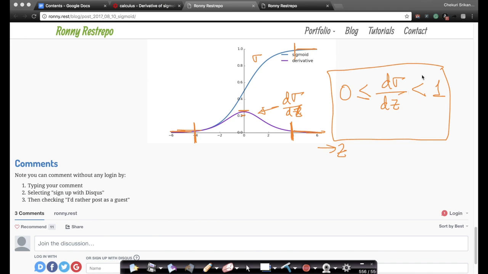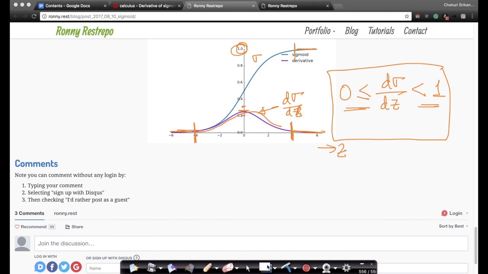For now, just remember this shape: if this is a sigmoid, the derivative of the sigmoid has a maximum value of less than 0.3, actually less than 1 for sure, because this is the plot and 1 is here. The derivative is greater than or equal to 0, but strictly less than 1. It never even reaches 0.3. 0.3 I think is somewhere here.